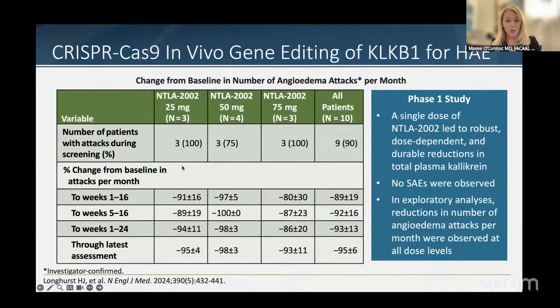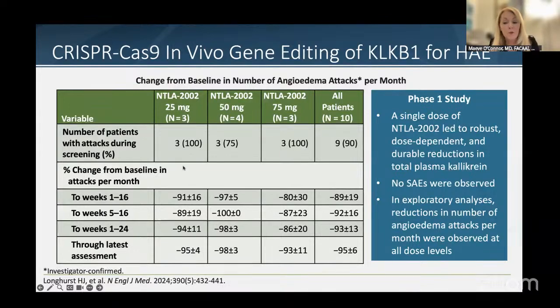CRISPR-Cas9 in vivo gene editing. As I've mentioned, this is a small scale trial using this CRISPR-Cas9 gene editing targeting that kallikrein B1 gene, which encodes the prekallikrein. And as you can see here, a single dose led to dose-dependent reductions in kallikrein levels, fewer HAE attacks across all dosing levels, and no serious AEs, which has also been a concern from patients thinking about gene editing.